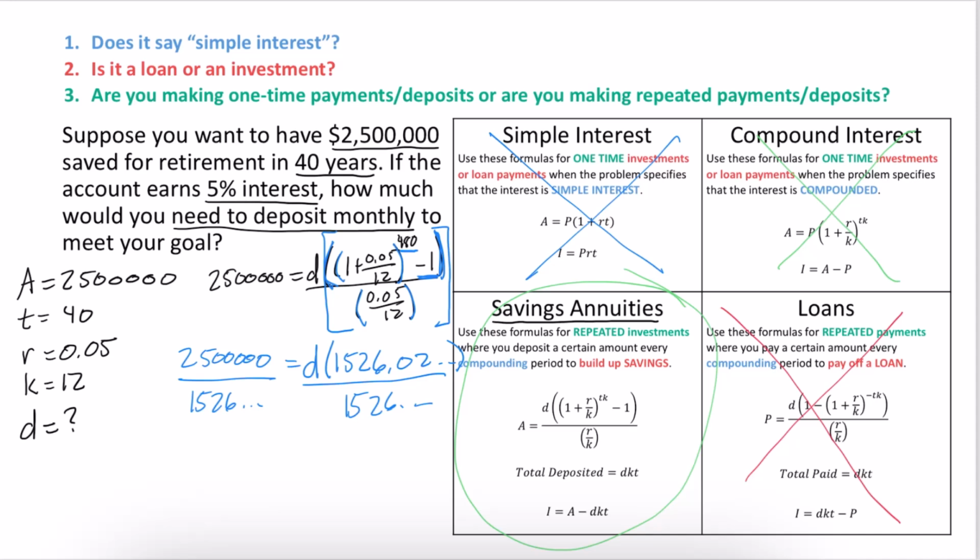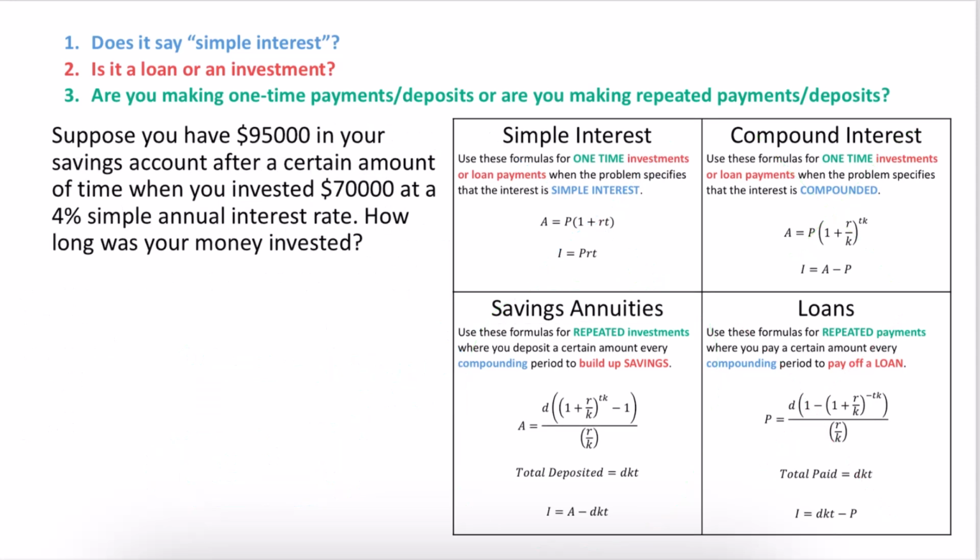And when you do that, 2.5 million divided by my answer that I found is going to tell me that D, or my monthly deposit, needs to be $1,638.25. And so that would be my calculation for D. And that's how you would do that one.